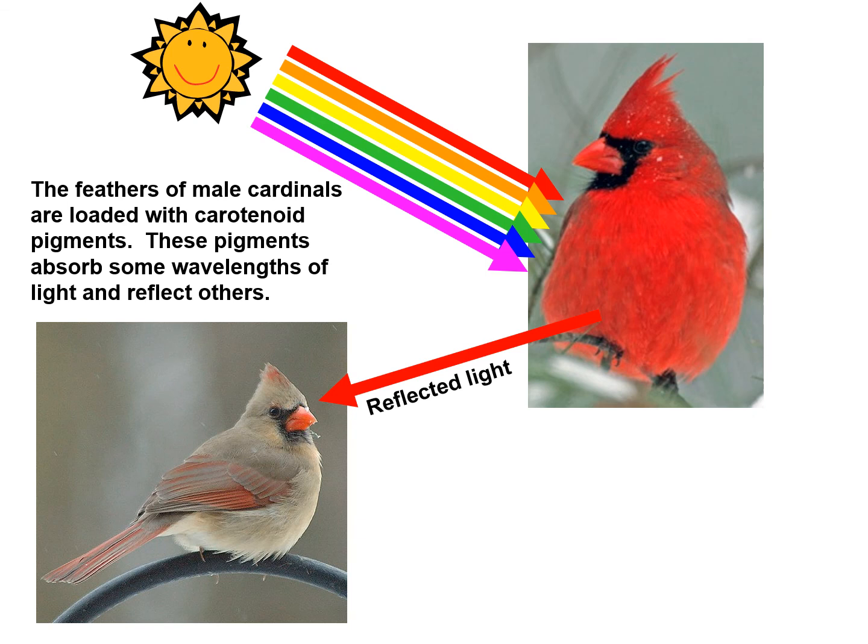The same is the case with birds. Remember, the feathers of male birds are loaded with carotenoid pigments. Okay, these pigments absorb some wavelengths of light and reflect others. So the reflected light is actually red in color.